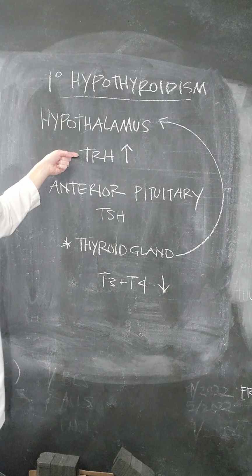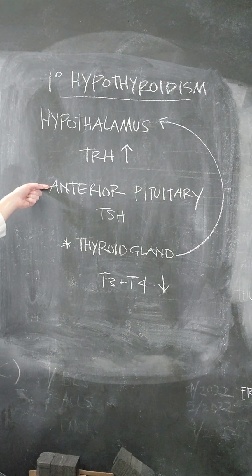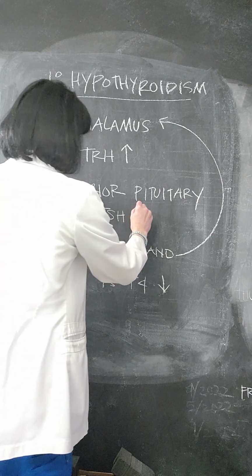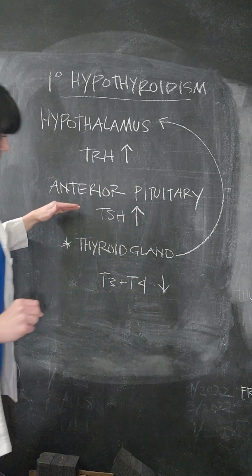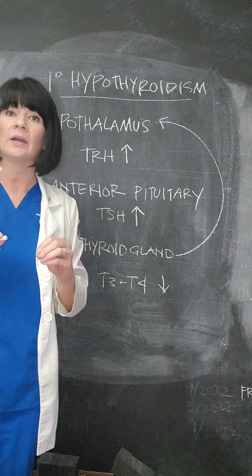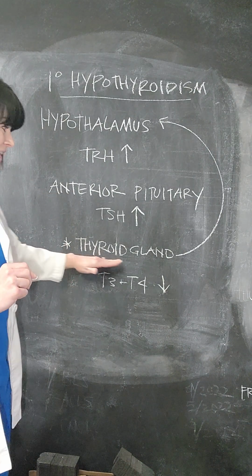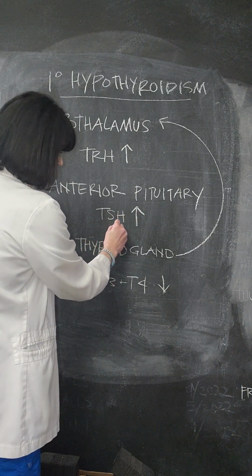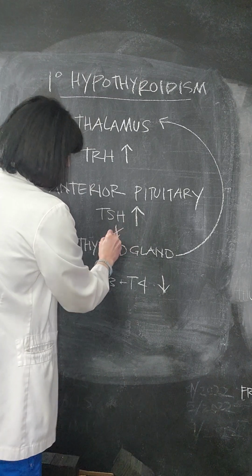That then in turn acts on the anterior pituitary. The anterior pituitary releases more thyroid stimulating hormone, which should act on the thyroid gland. However, in the case of primary hypothyroidism, the problem is in the thyroid gland. So when this goes to act on the thyroid gland, it does not work.